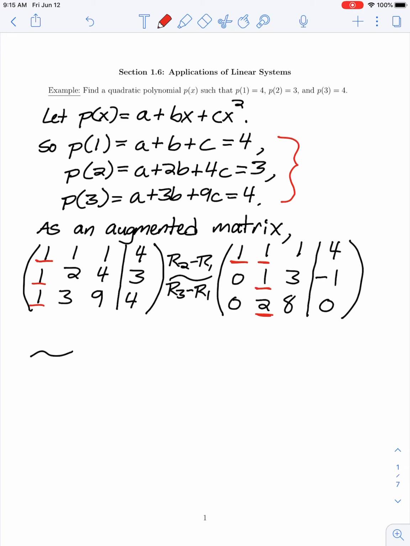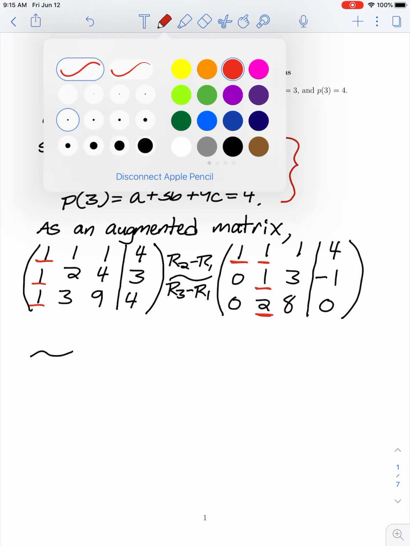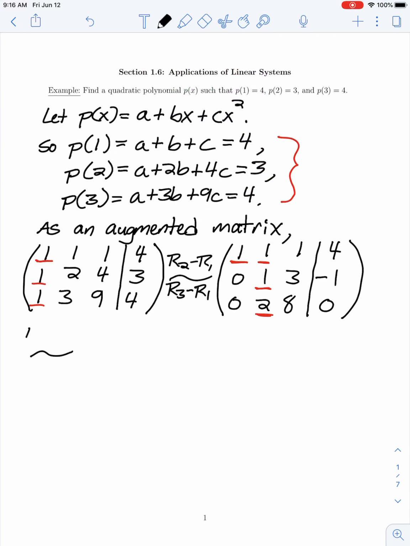To eliminate the 1 in the first row above that lead entry, we could take row 1 minus row 2, which would leave me a first row of 1, 0, -2, and positive 5. My second row will remain as 0, 1, 3, -1.